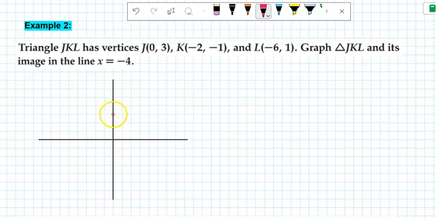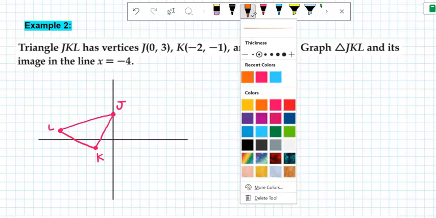So J would be 0, 3. K, -2, -1. L, -6. Excuse me, and then we'll connect these to make our triangle.